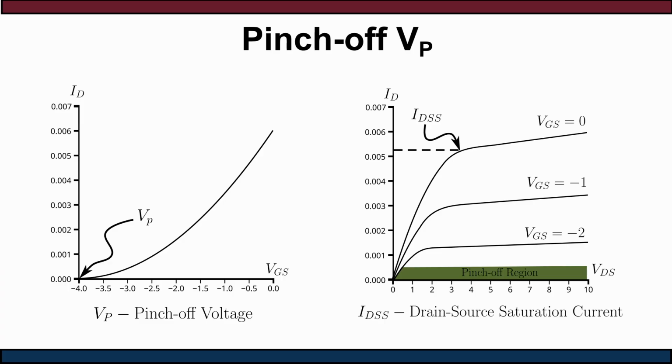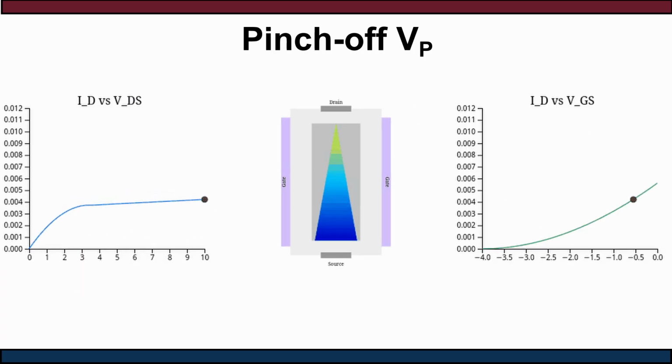From the physical point of view, pinch-off happens because the depletion regions from the p-n junction on both sides of the channel expand so far into the n-type material that they meet in the middle. At this moment, the conductive path is fully blocked. Electrons from the source cannot reach the drain and the transistor behaves as an open switch.